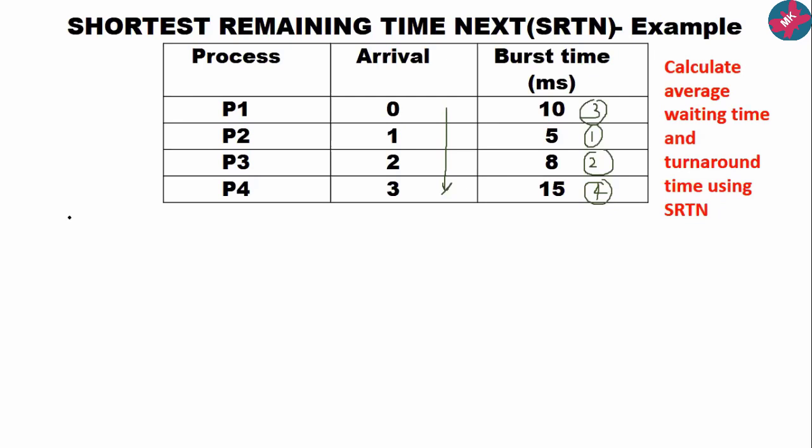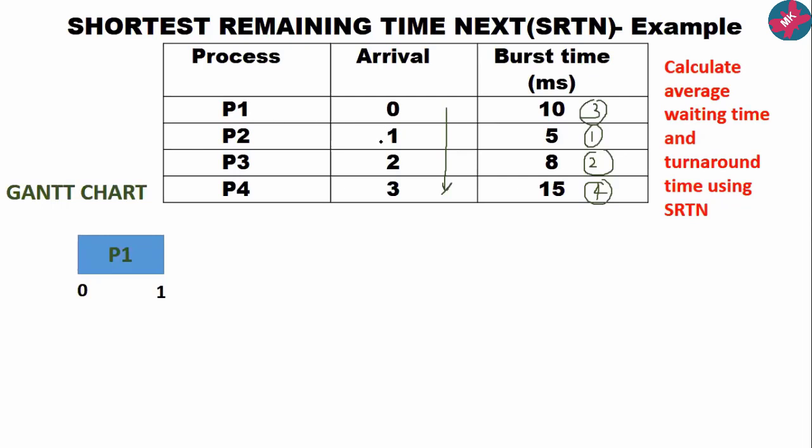Now as is our usual case, first we will draw the Gantt chart. Observe here. At 0 millisecond, first job P1 arrived. At 0 millisecond, no other job is there. If you look at the overall picture, P2 seems to be the smallest, but at 0 millisecond, P2 has not arrived, isn't it? And since at 0 millisecond only one job is there, that is P1, it will be given a chance for execution.